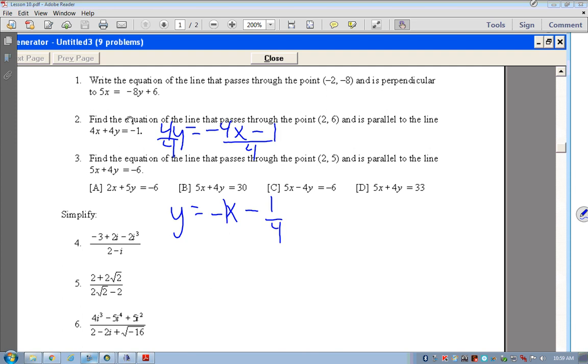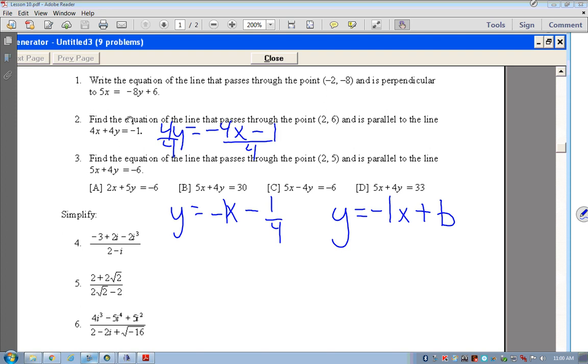So my slope here is negative 1, or negative 1 over 1. But what I'm working with is a parallel slope, correct? So my equation is y = -1x + b.